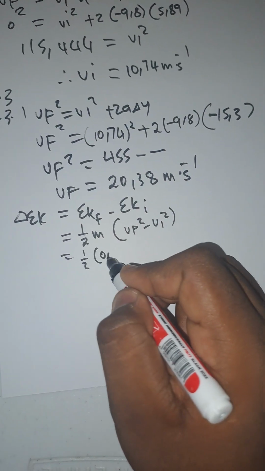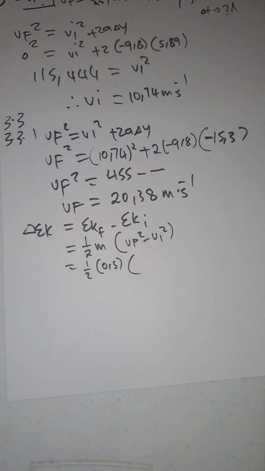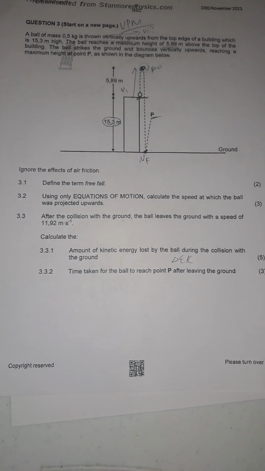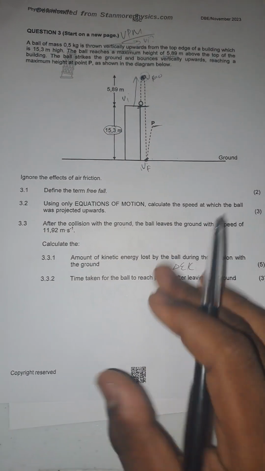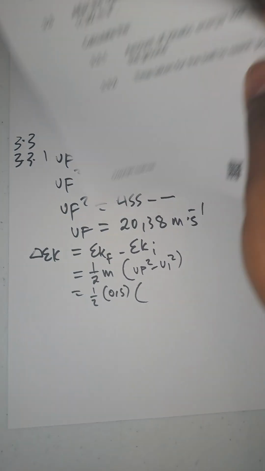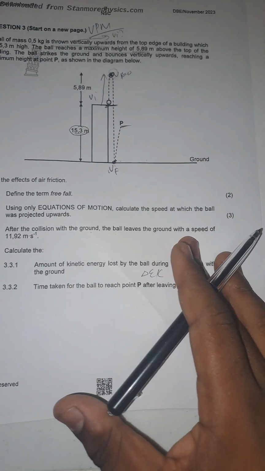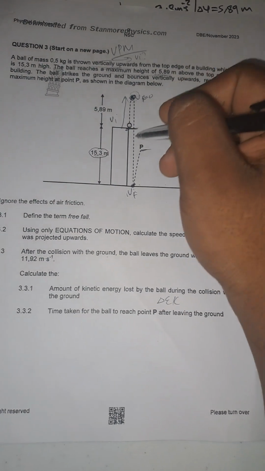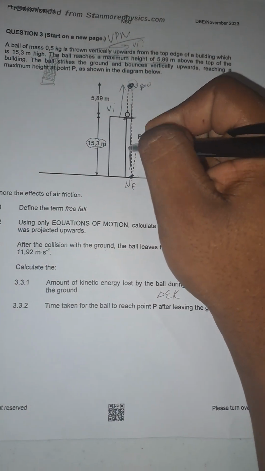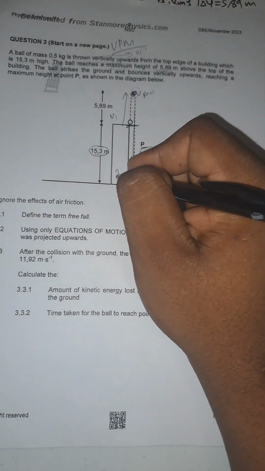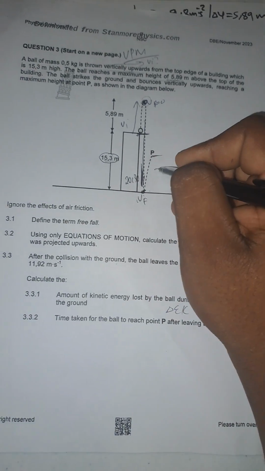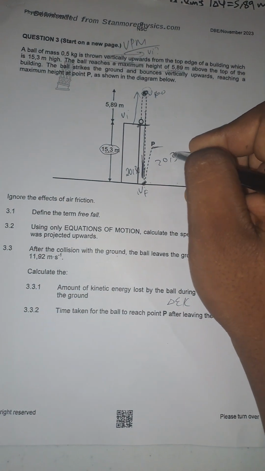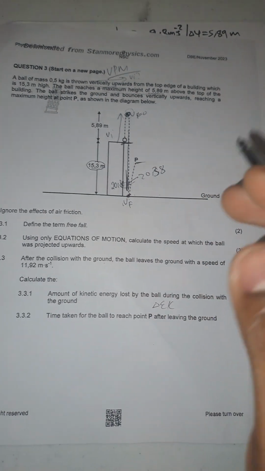So 0.5 here. Now check the tricky part. I want to show you something. We want the final velocity and the initial velocity. The initial velocity, check something: the ball came here with 20.38 meters per second before it struck the ground.